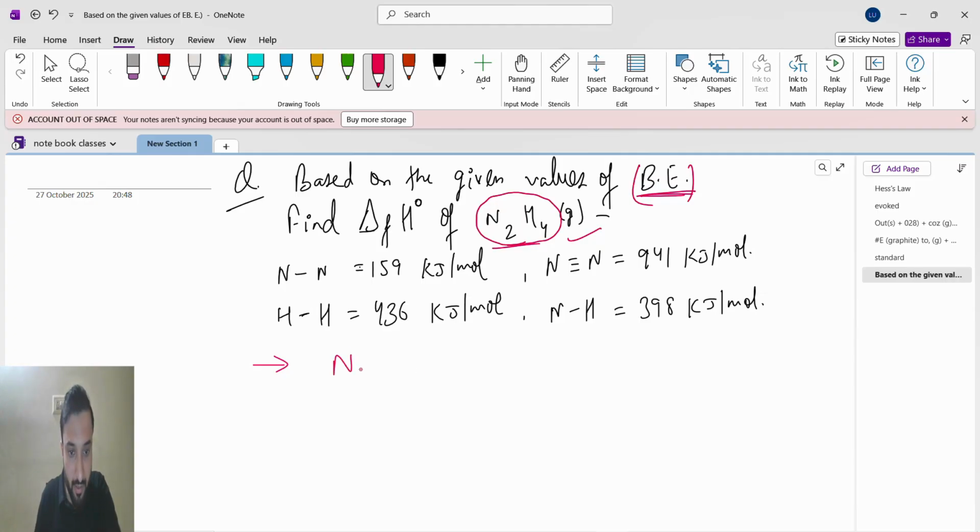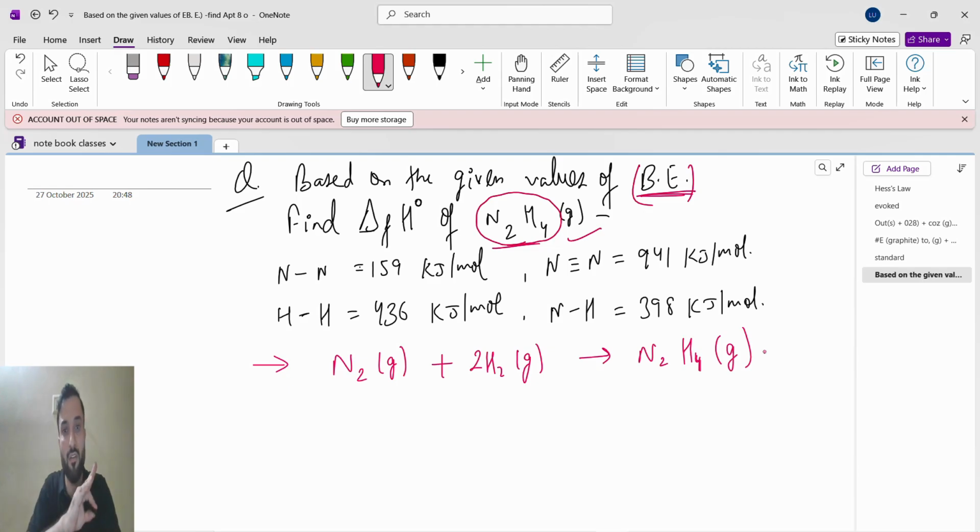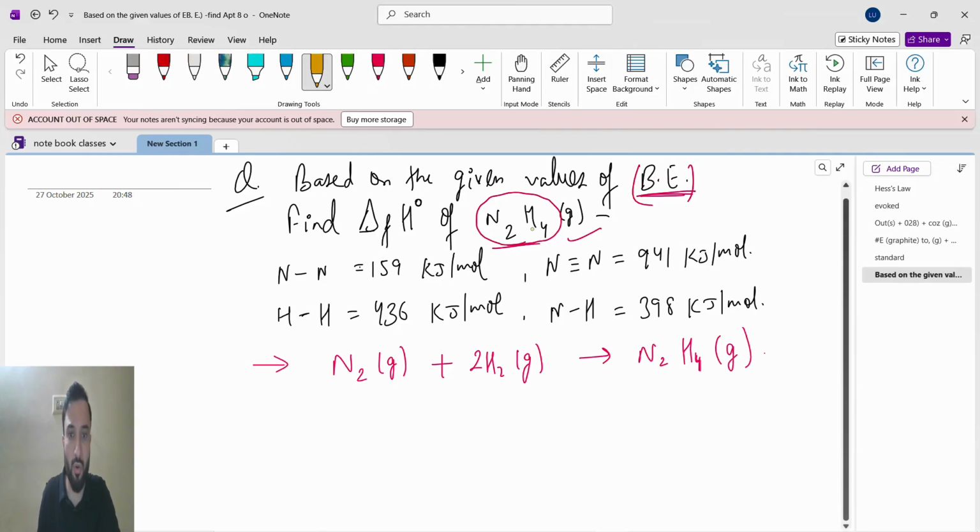We will write the reaction: N2, which is in the gaseous form, reacts with 2H2, which is in the gaseous form. We are going to get N2H4, which is in the gaseous form. So, guys, we have to know the reaction process for the formation of N2H4. If you don't know this, then it will be very difficult.